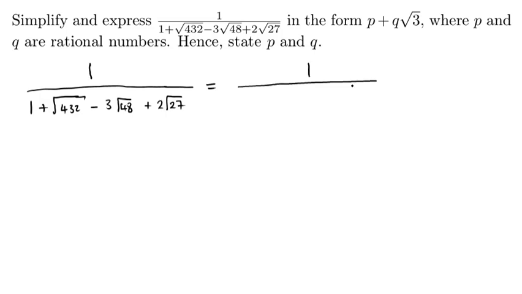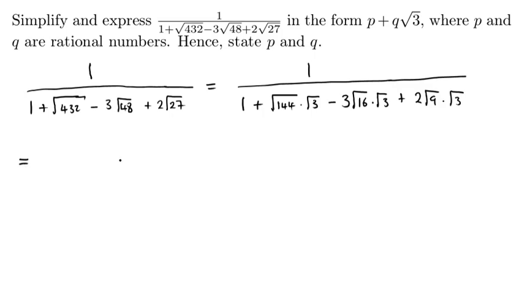So this is what it's going to look like. 1 divided by 1 plus root 432, which can be written as root 144, a square number, multiplied by root 3. So 3 times 144 is 432, minus 3 root 48, and 48 can be written as root 16 times root 3. And lastly, root 27 can be written as root 9 times root 3.